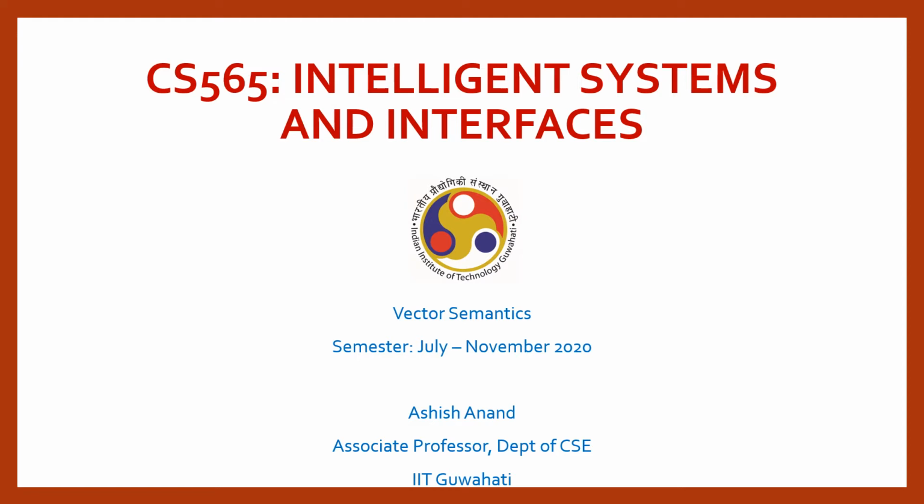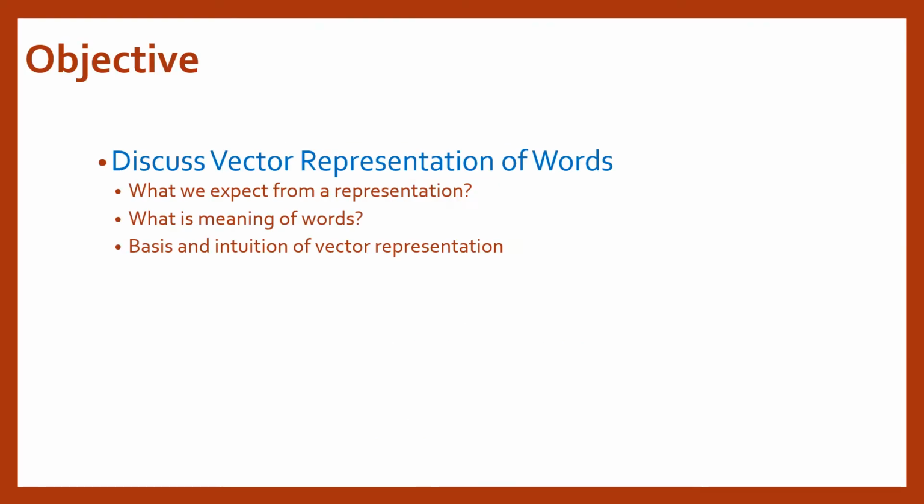In this, we are going to discuss that in vector semantics essentially we are interested in looking at how to represent each of these words in a real-valued vector space.